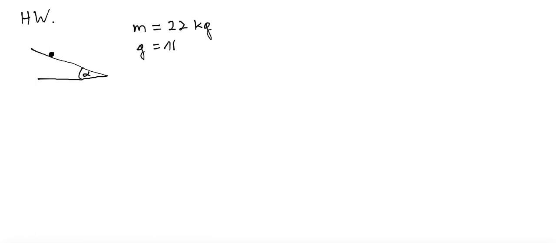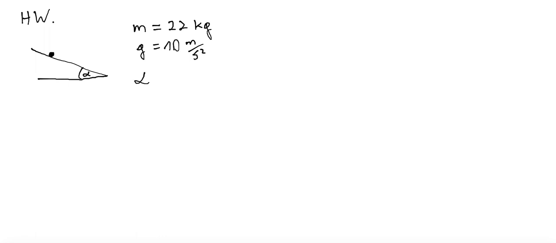Okay, the same. You have an object placed on the surface. It will be the same method. The object has a mass of 22 kilograms. Use g as 10. It's constant, so you can use 10.